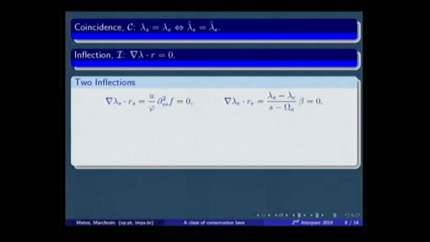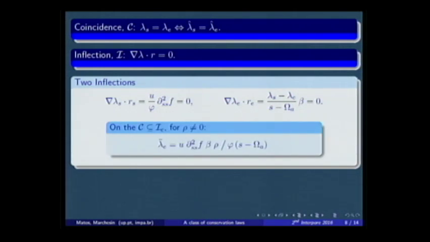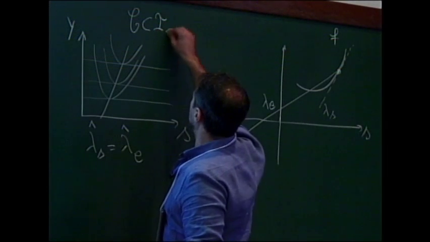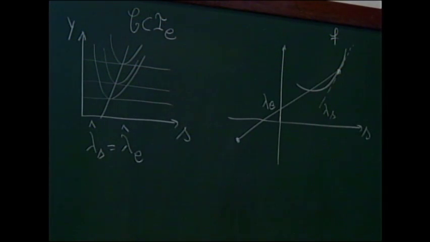So the name comes from here, exactly. And the other is like this. So the inflection locus of lambda e contains the coincidence. So if we have here the coincidence, he belongs to the inflection of lambda E.